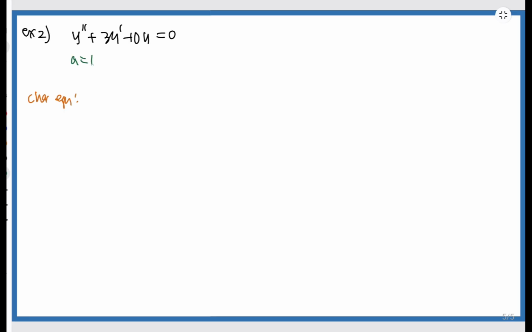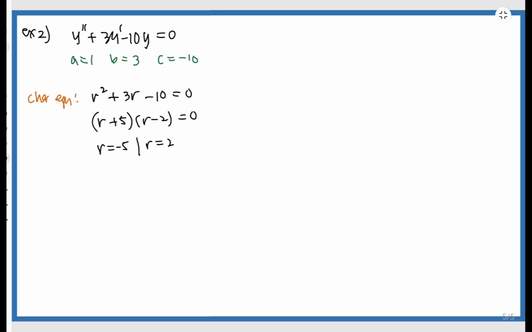So a equals 1, b equals 3, c equals negative 10. So the characteristic equation is r squared plus 3r minus 10 equals 0. So this is factorable. Factors are r plus 5, r minus 2 equals 0. Solving for r, r equals negative 5, r equals 2.